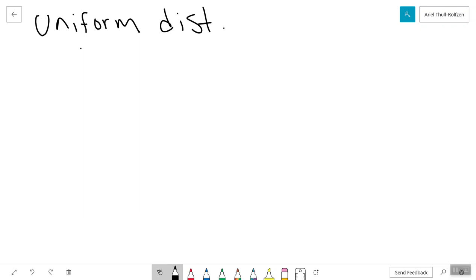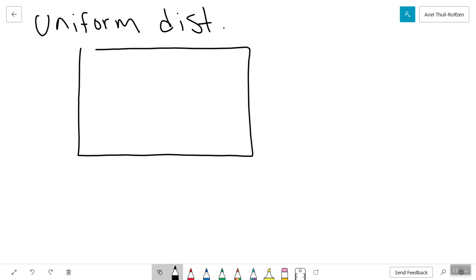So we've got this table, and we have a rectangle here. And what this rectangle means, before I explain anything else, is that everything under this rectangle has an equal probability of happening.